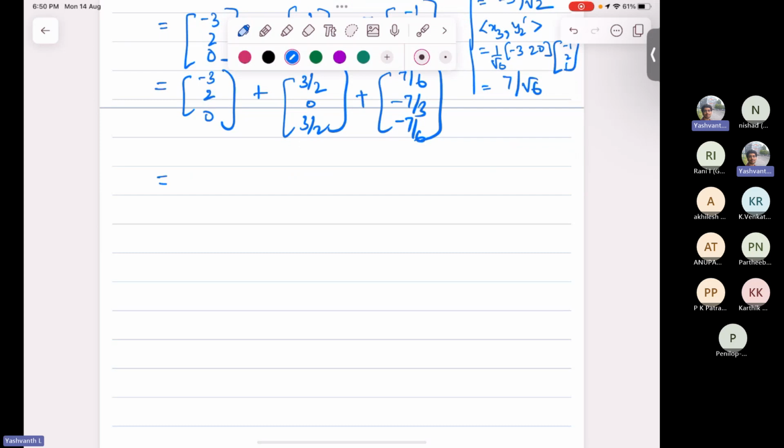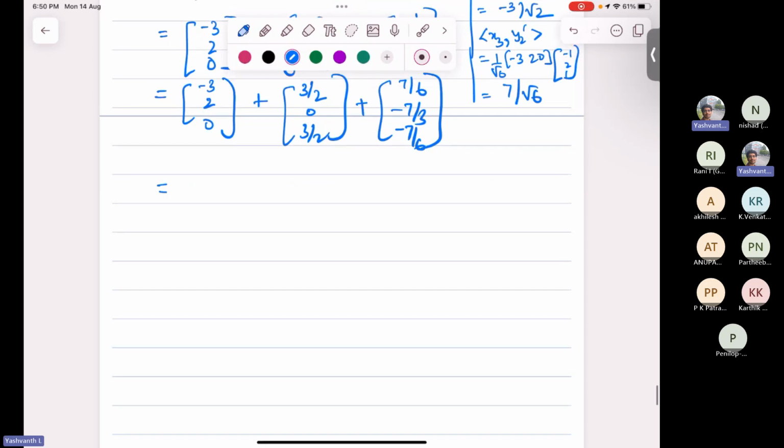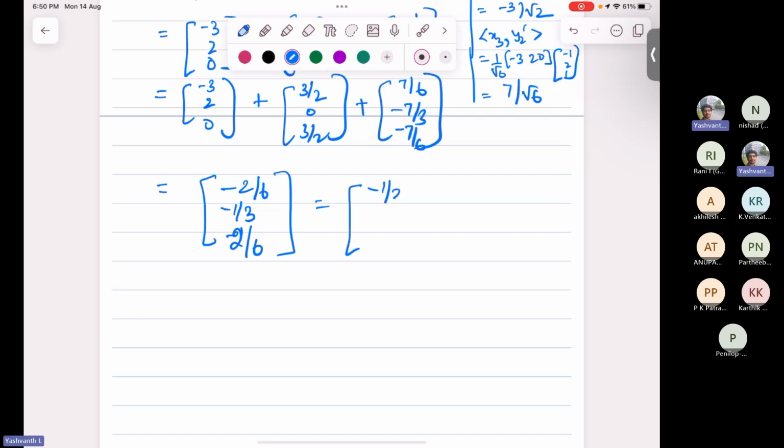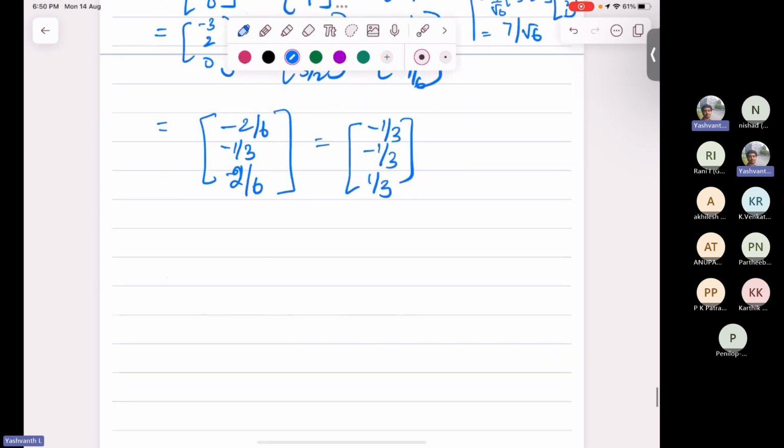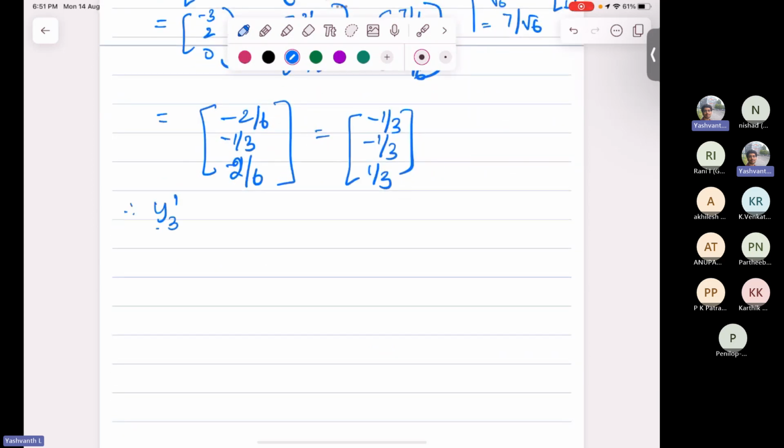You can make some calculations: 9 minus 7 is 2, 2 by 6. This is the same as (-1/3, -1/3, 1/3). That is y3. Therefore, y3 dash equals 1 by root 3 times (-1, -1, 1).